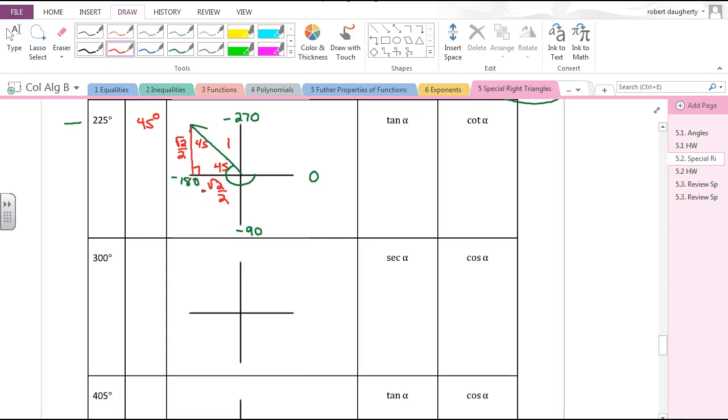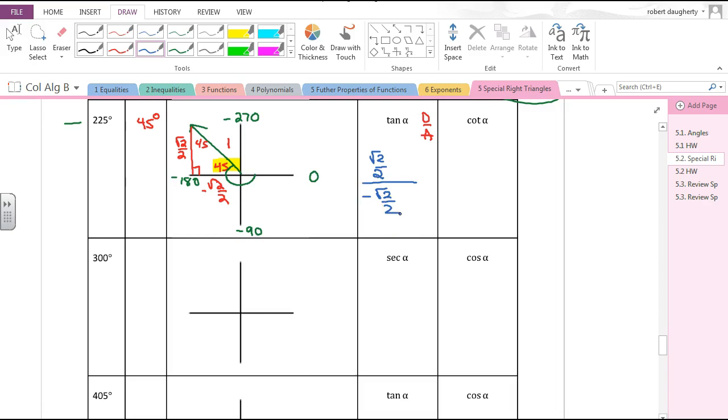That one is positive. What's the definition of tangent? Yeah, so opposite over adjacent. So if you look at this central angle right here, what's the value of the opposite side? Yeah, so it's square root of 2 over 2 divided by what? Negative square root of 2 over 2. What is that?